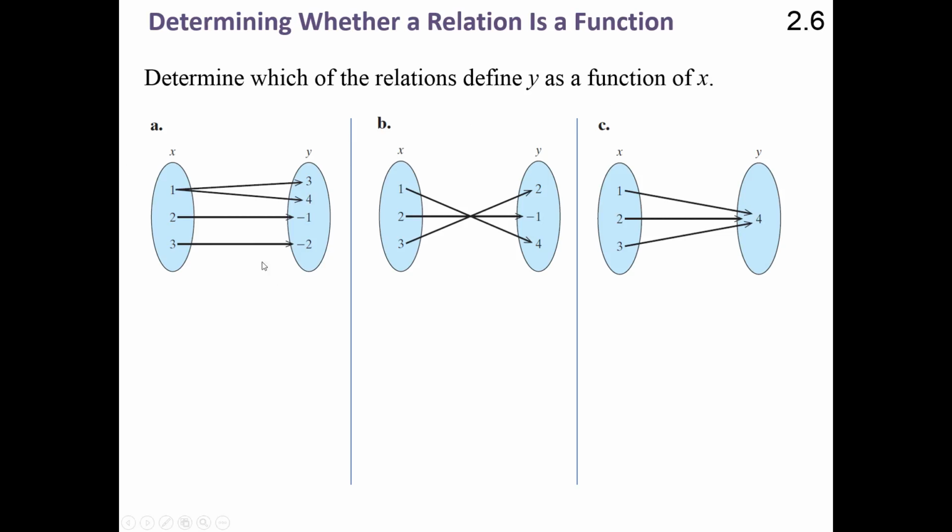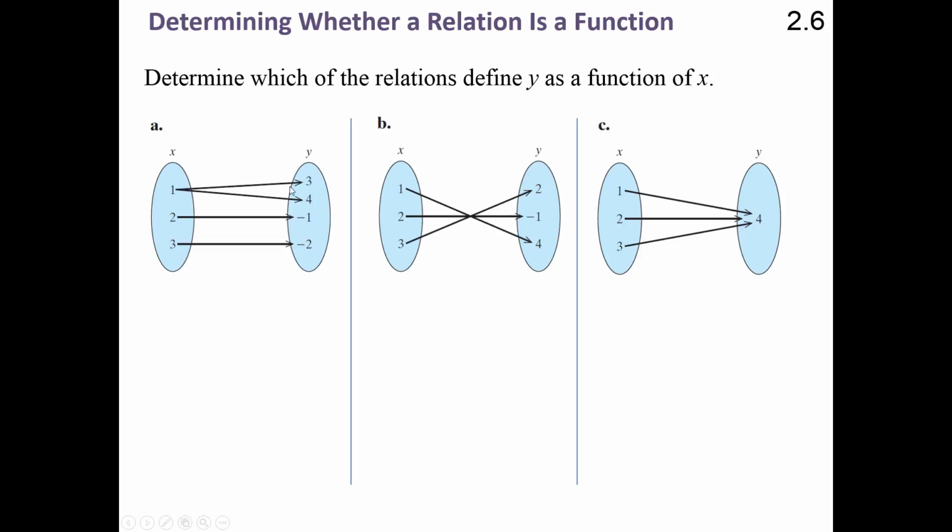So here's a bunch of pictures that represent relations, and we're going to determine which of these define y as a function of x. So this set is the x set, the domain set, this is the y set, the range set, and in part A here, this first example, 1 is associated with 3, 1 is also associated with 4.